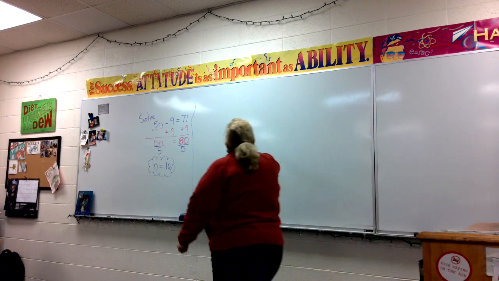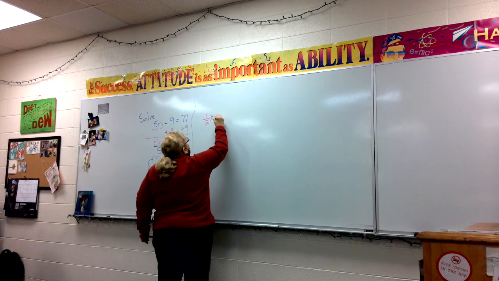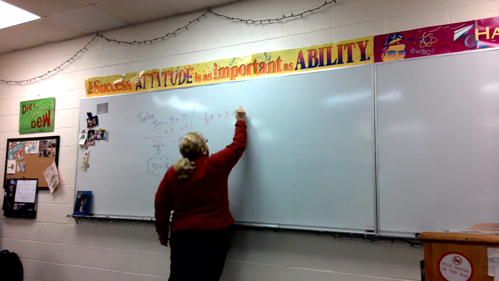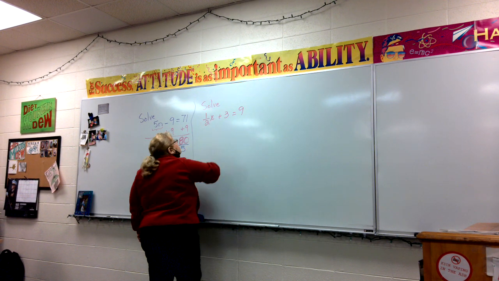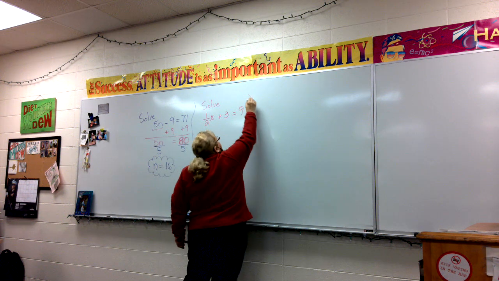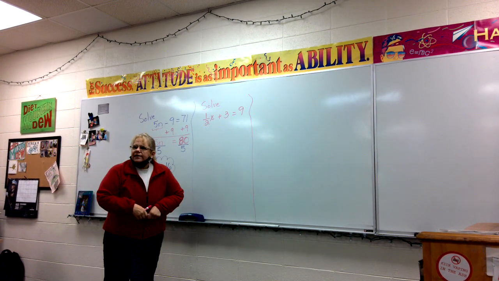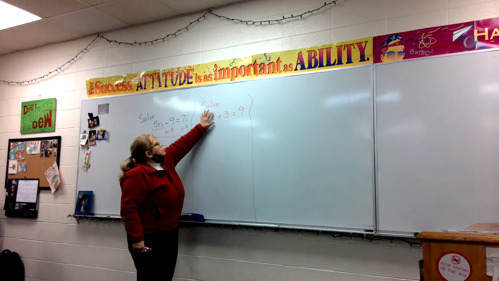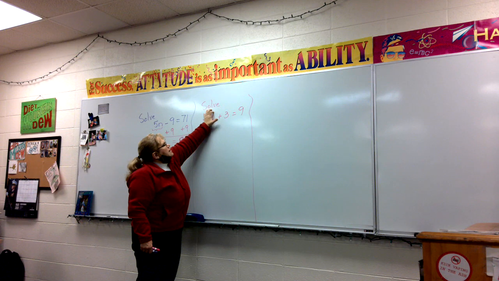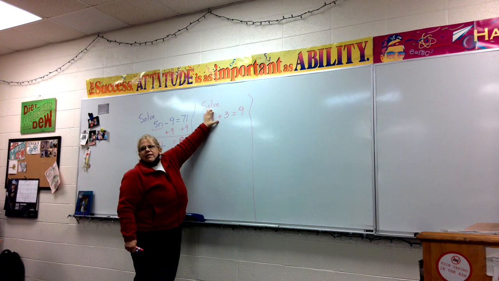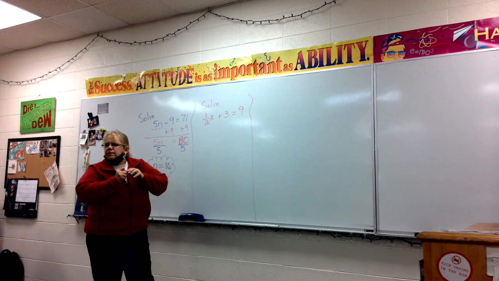One half x plus 3 equals 9. And what you always want to do is get the letter term by itself. So if there's anything with it, you want to get rid of that first. How do you get rid of a plus 3?